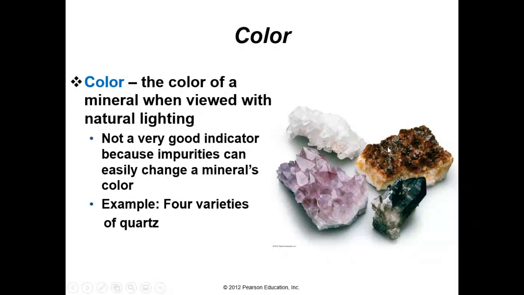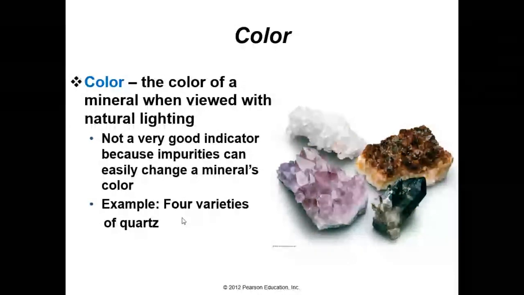And so you have a reddish orangish color of quartz. Same thing with these other different colors. There are impurities, other elements found within the chemical structure that have changed its color. So be careful when you're looking at color as a diagnostic tool.